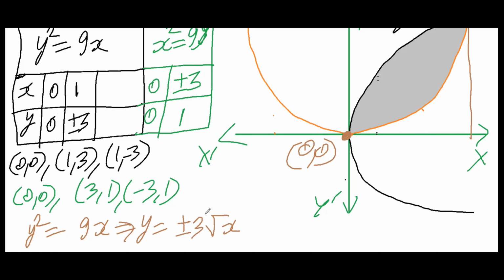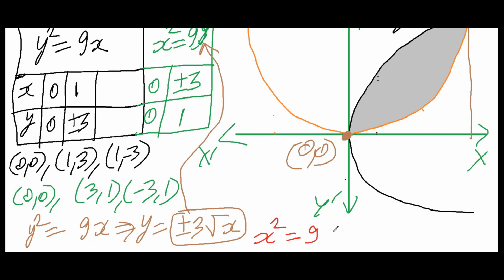Now this particular value of y you can substitute here to get the value of x. So what will I write? Now next, x square is equal to 9 times plus or minus 3 root x. This 3 will come. Okay, 3 root x.